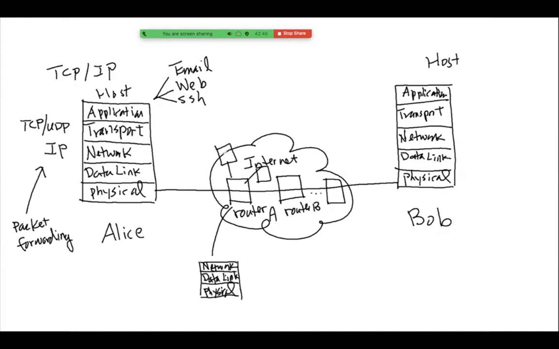All right, so for your email, for instance, Alice sends an email to Bob, and if that email is long, it will be divided into data blocks.